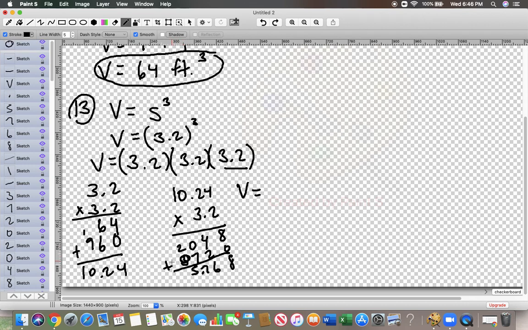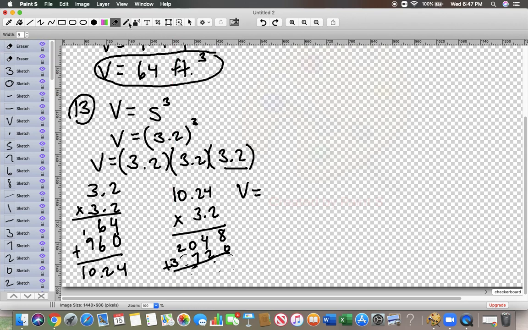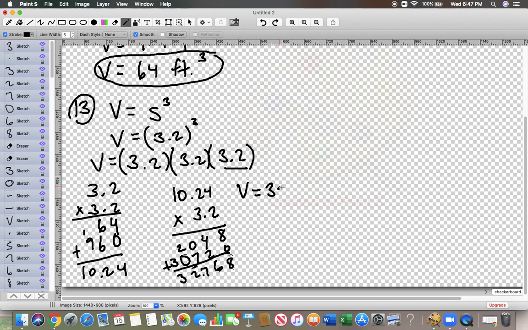Oh, this should be a 0, and that should be a 3. Let me erase some of this. Let's try this again. That's an 8, 6. That was 12, 6, 7. Carry 3 decimal places. All right, there we go.